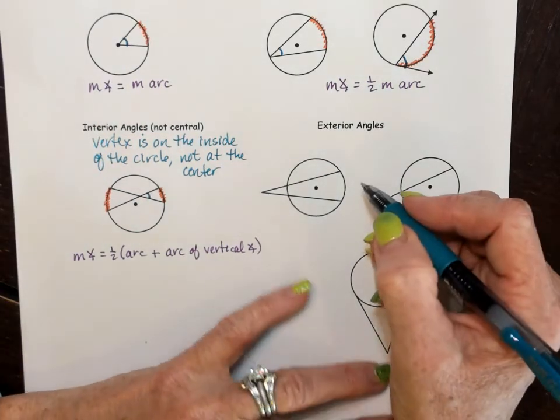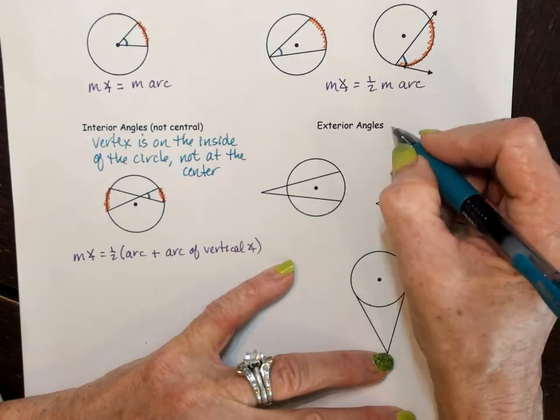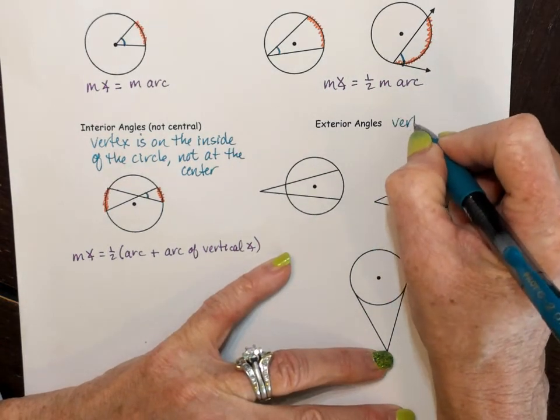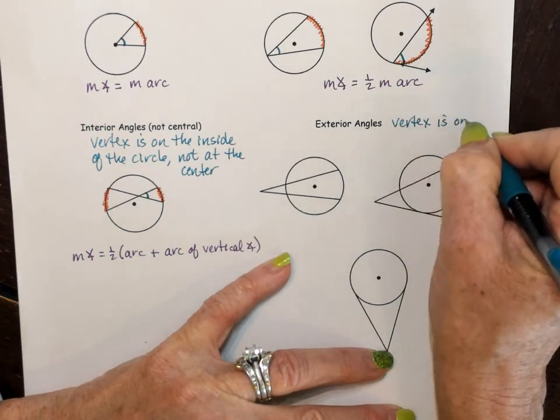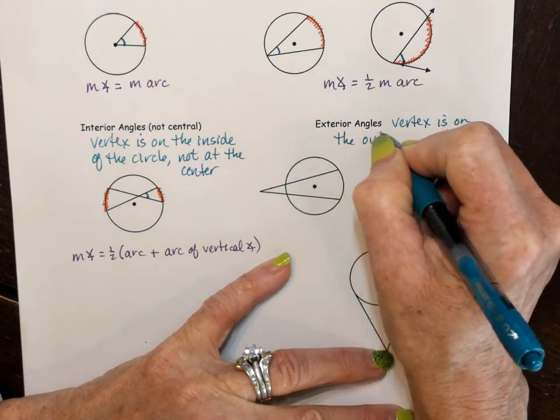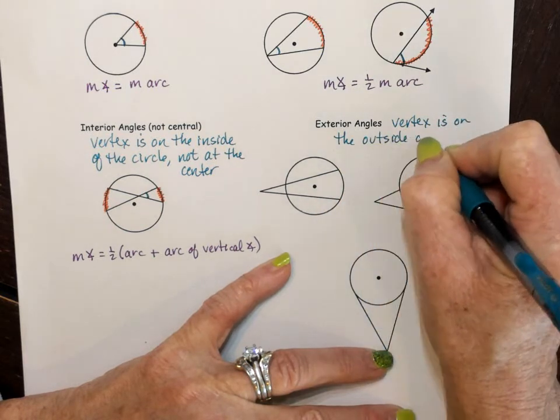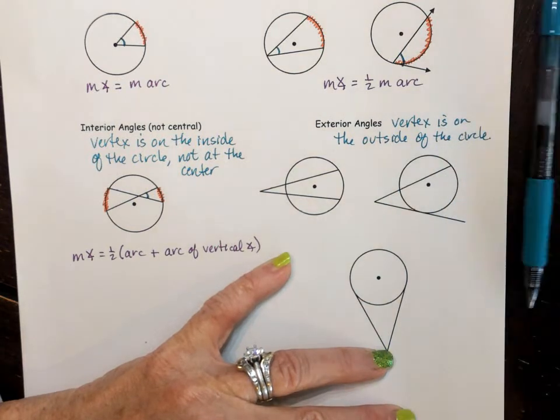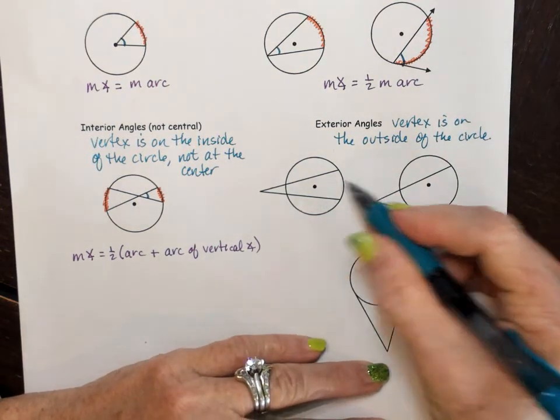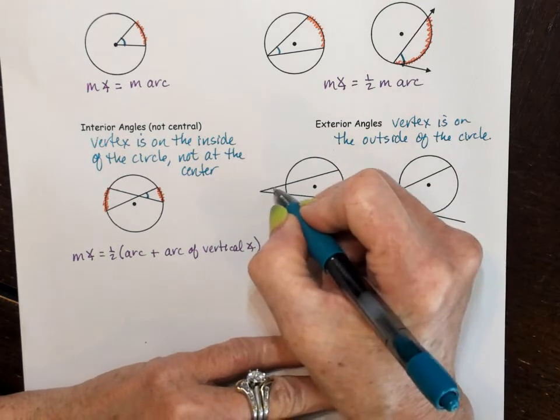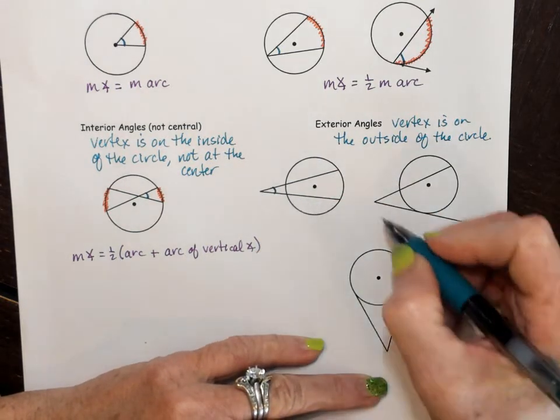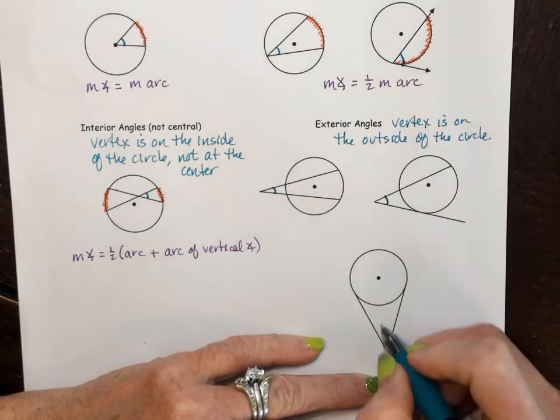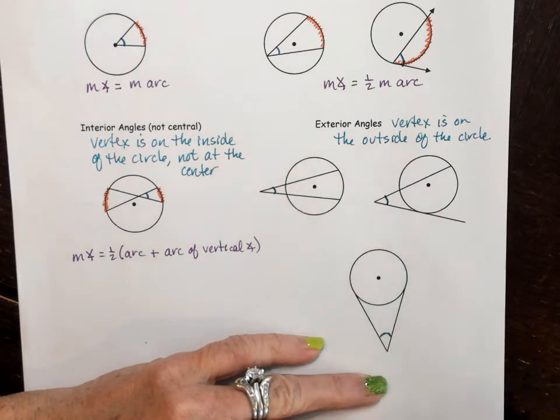All right, exterior angles, vertex is on the outside of the circle. All three of these are examples of exterior angles. So this exterior angle, this one, and this one down here.